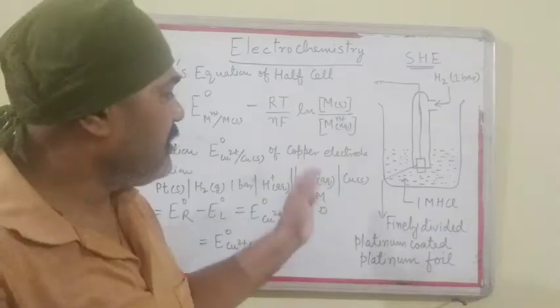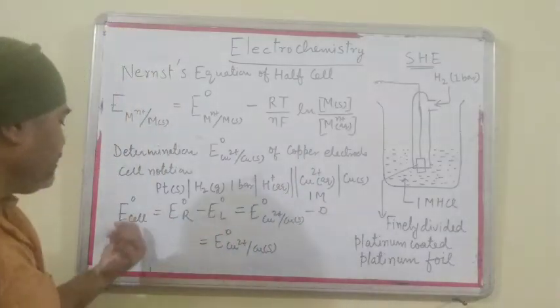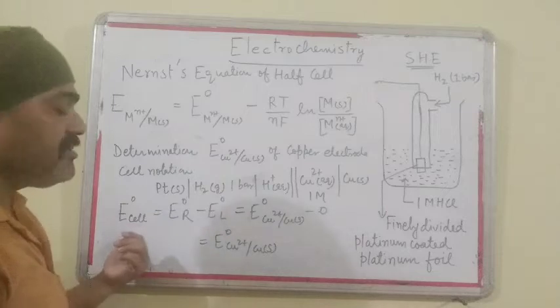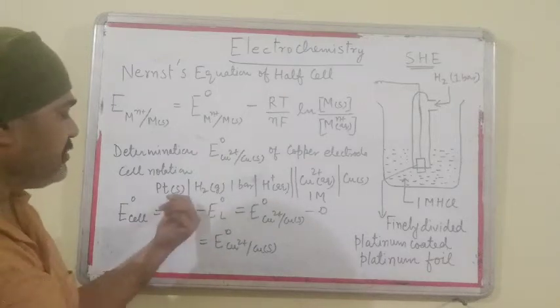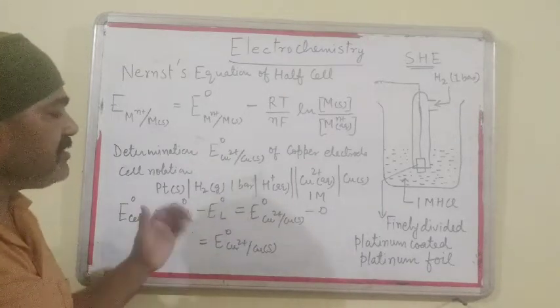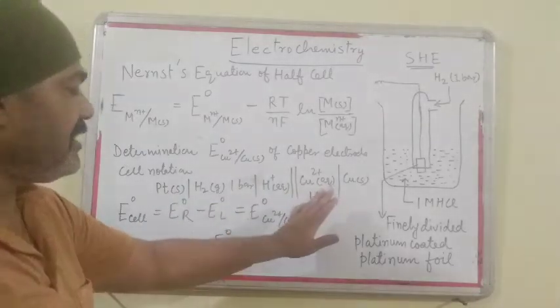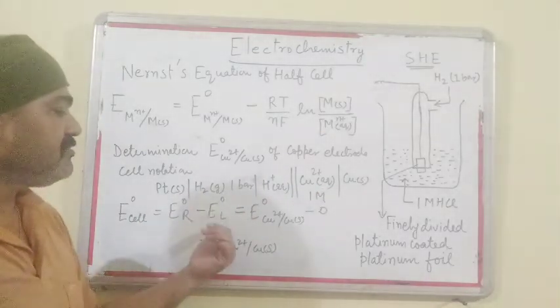Or you can say here E0 cell, the standard electrode potential of that cell, is equal to E0R, E0R meaning the half cell on the right hand side, minus E0L.